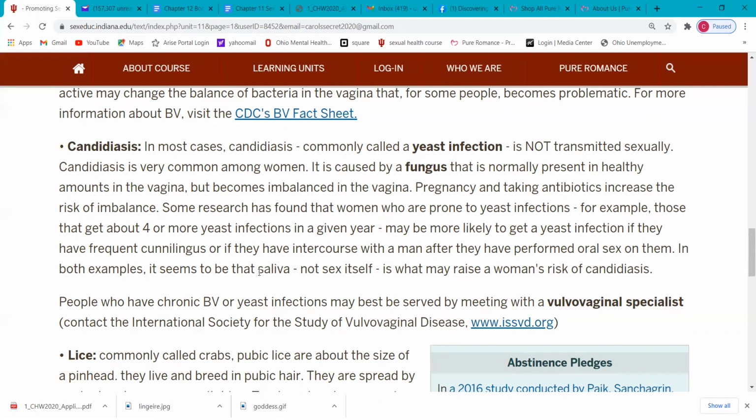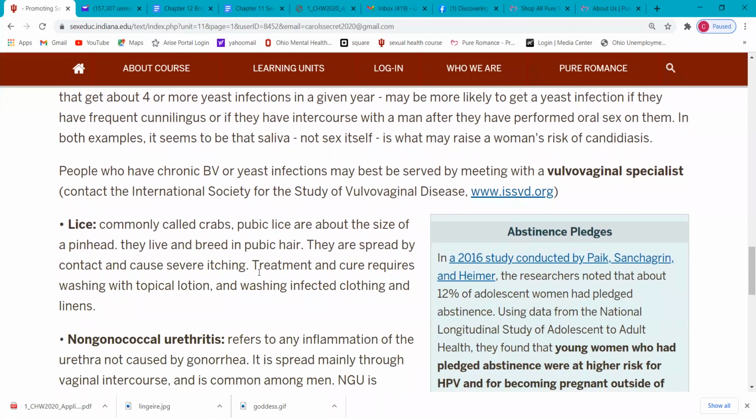Okay, but they're indicating that the saliva is a main factor in increased yeast infections. So keep that in mind. People who have chronic BV or yeast infections may be best served by meeting with a vulvovaginal specialist.